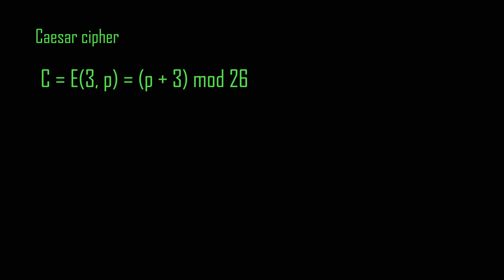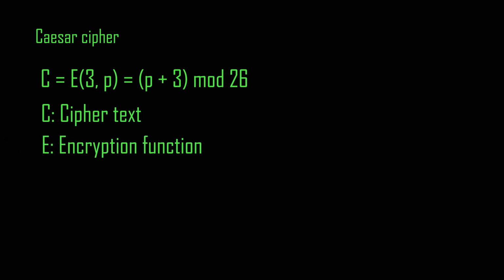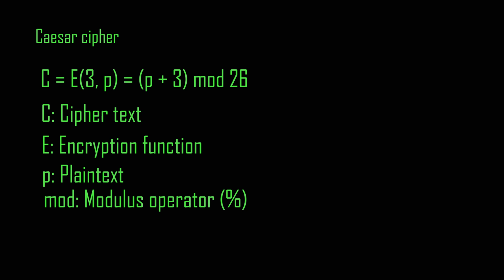If we assign numbers 0 to 25 to the letters of the alphabet, we can define the Caesar cipher using the following formula, where C is the ciphertext, E is the encryption function, P is the plaintext, and mod is the modulus operator. We can modify the cipher to shift the substitution by any number.